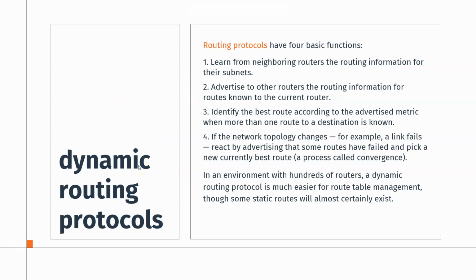So the dynamic routing protocols have 4 basic functions. The basic functions are to take the load off of us, to be able to dynamically or automatically share or update any route changes. The first thing they're going to do is learn from the neighbor routers the routing information for the subnets.